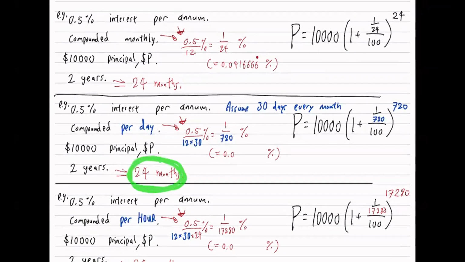Here 24 months, you also need to convert into the number of days. Because if you compound per day, how many days are there? Is it still 720 days? Let me calculate that. Oh, it's correct. You just have to multiply this by 30. Sorry. You're correct. Yes, 720 days.